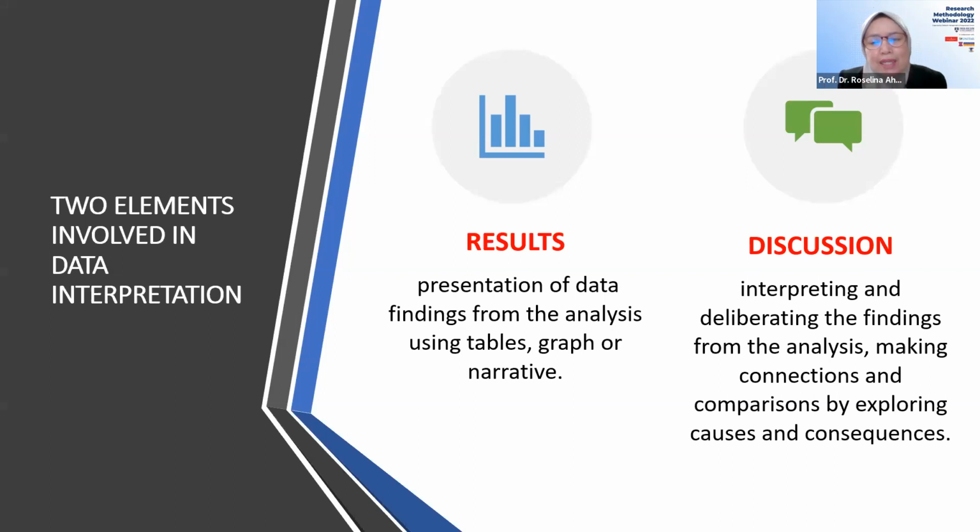The other part in chapter 4 is to discuss, whereby you need to interpret and deliberate the findings from the analysis and try to make certain connections. Of course, it will not be as lengthy or detailed as in chapter 5. But what the examiner expects when he reads your chapter 4 is that you imply a little bit.